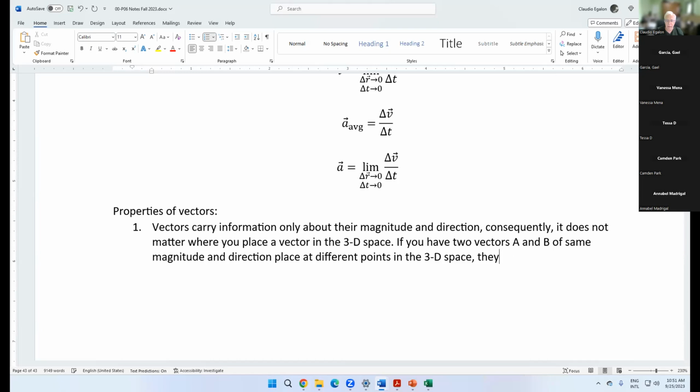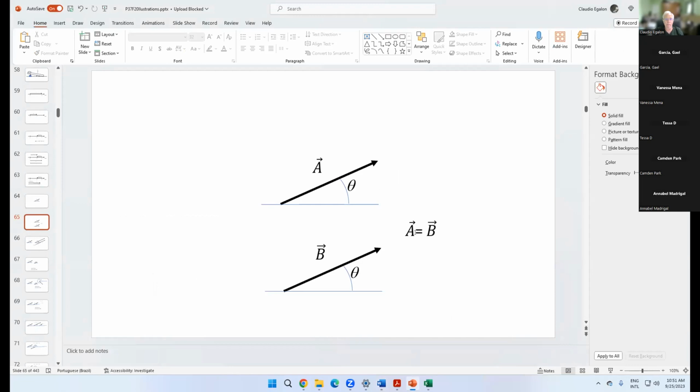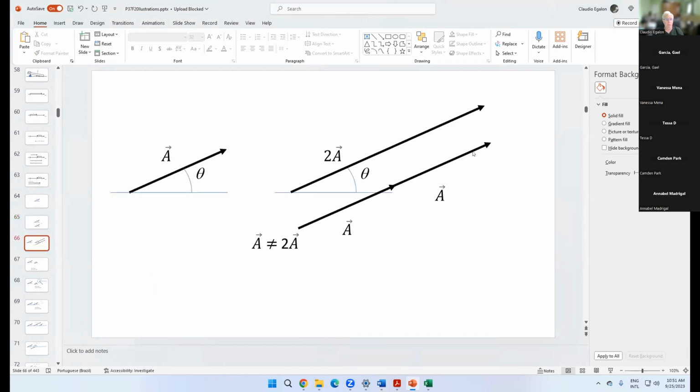These vectors are still considered the same. Okay, so that's what this illustration means in terms of words, right? What else?